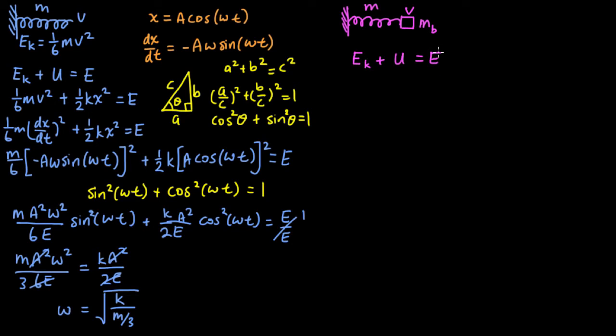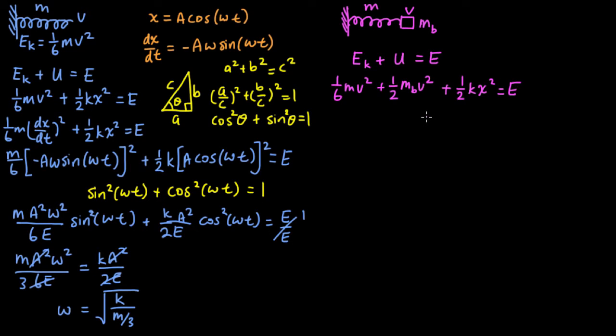That equals the total energy of the system. So the kinetic energy from the spring is 1/6 mv squared, and the kinetic energy of the block is half m_b v squared, and the potential energy is the same, half kx squared, equals E.